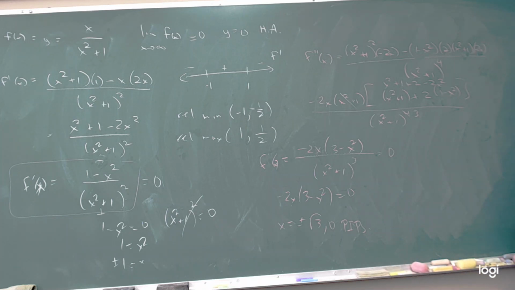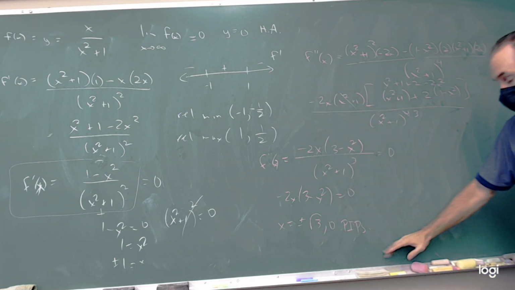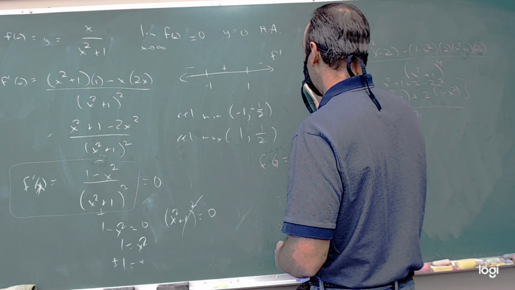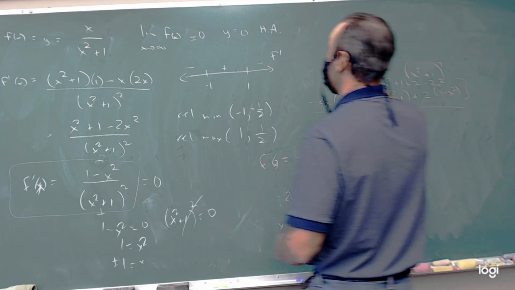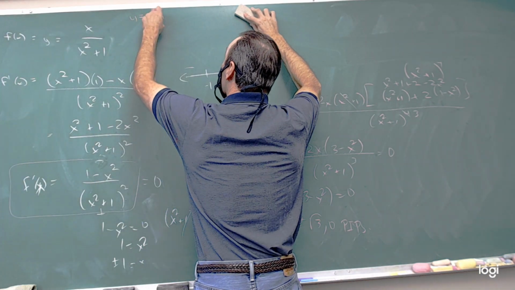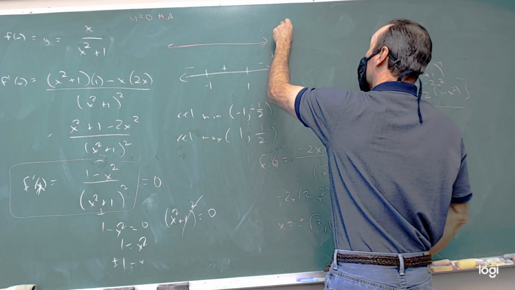So those are potential inflection points. Now we have to do what we did with the first derivative, on a number line with the second derivative. I like to have them right next to each other. We still remember we have y equals 0 as our horizontal asymptote. Let's not forget that. Here's now going to be our second derivative.